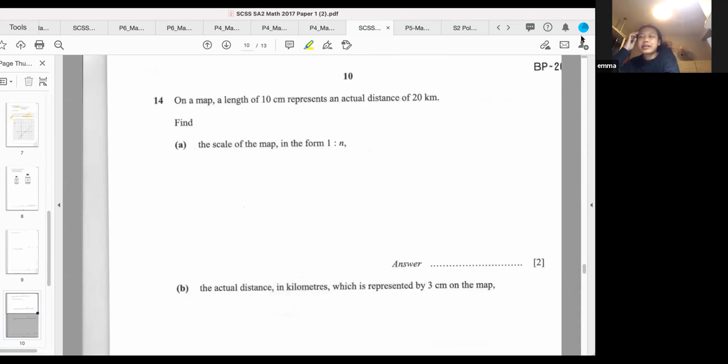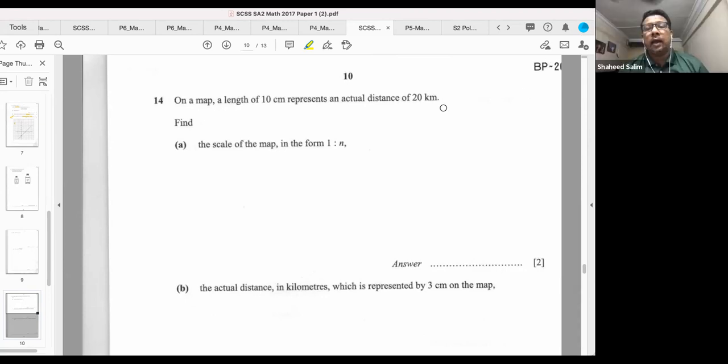N is the actual distance, right? Yeah, but remember down here there is no unit, so it's like 1 cm to how many cm?